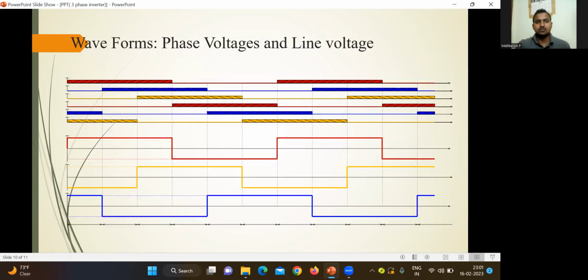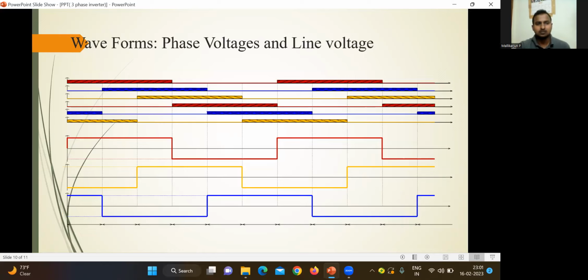And these are the phase voltage and line voltage waveforms here, the phases VAN, VBN and VCN. I didn't draw any values here because of the lack of space.